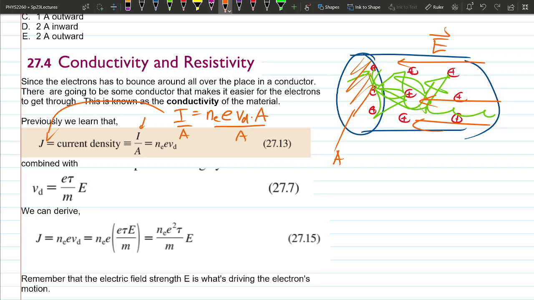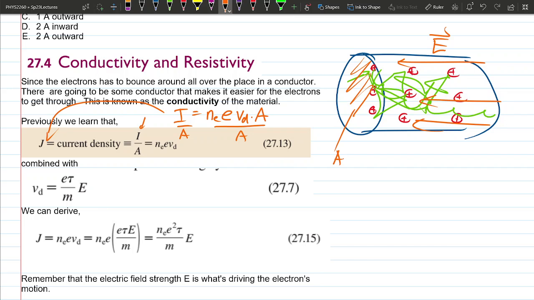The reason for that is that it removes the geometry of the wire. So if you know the current density is, let's say, 1,000,000 amps per square meter, and you double the cross-sectional area of that wire, you basically double the total current.